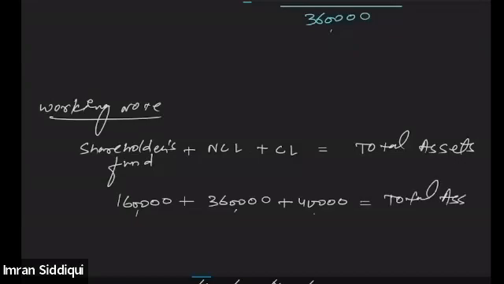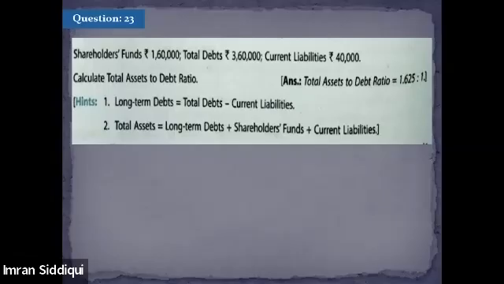Yes or no? So total assets will be 160 plus 360. That will be 520 plus 40. This is, I guess, 5,80,000. Right?